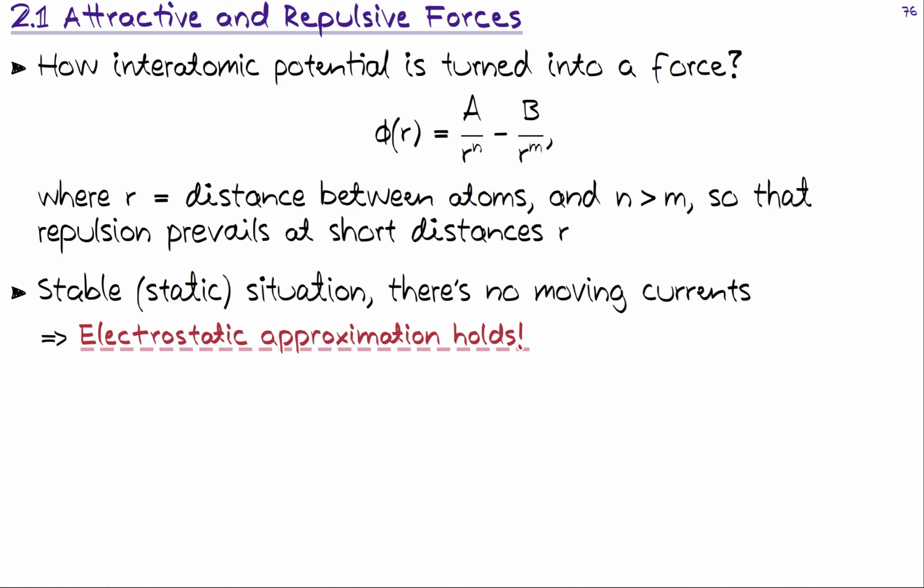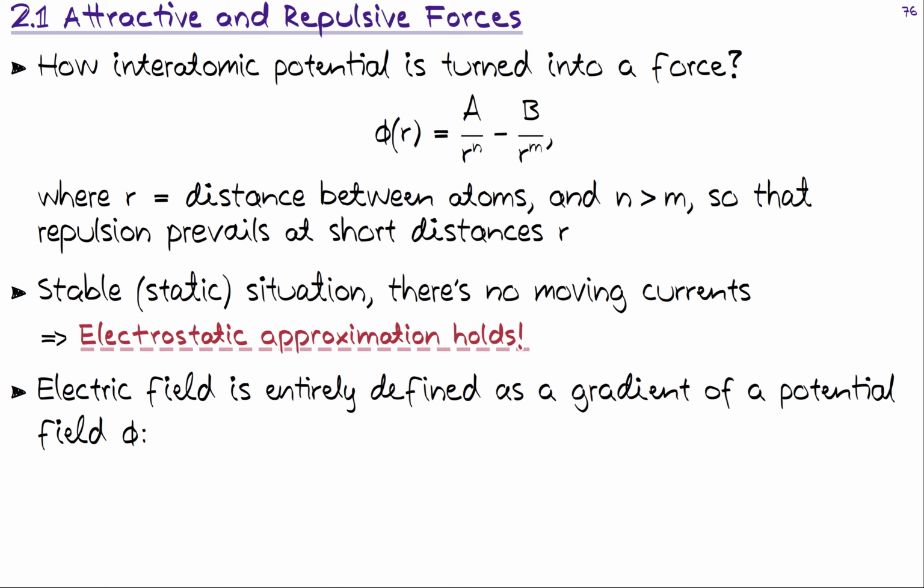And because we are only interested in static electric fields, we know that the electrostatic electric field is entirely defined as a gradient of a potential field phi. Recall this from electrostatics, that the electric field vector quantity can, under the electrostatic approximation, be written as minus nabla of the potential field phi.